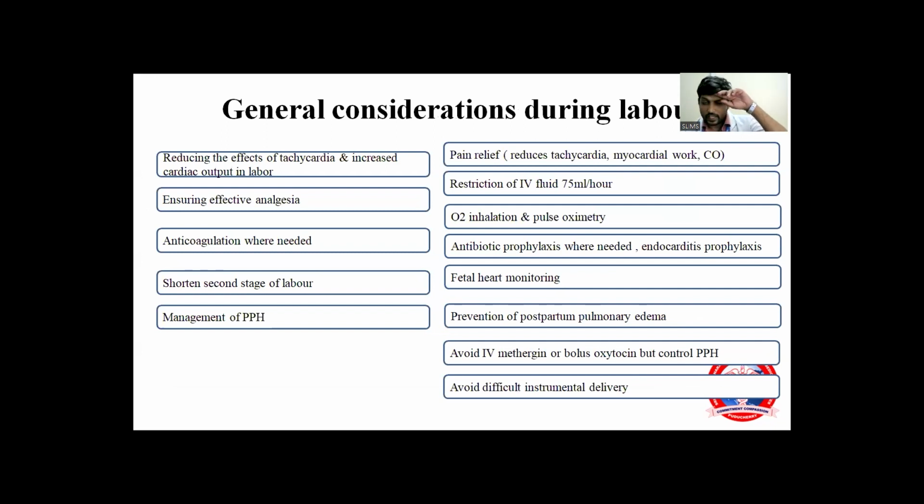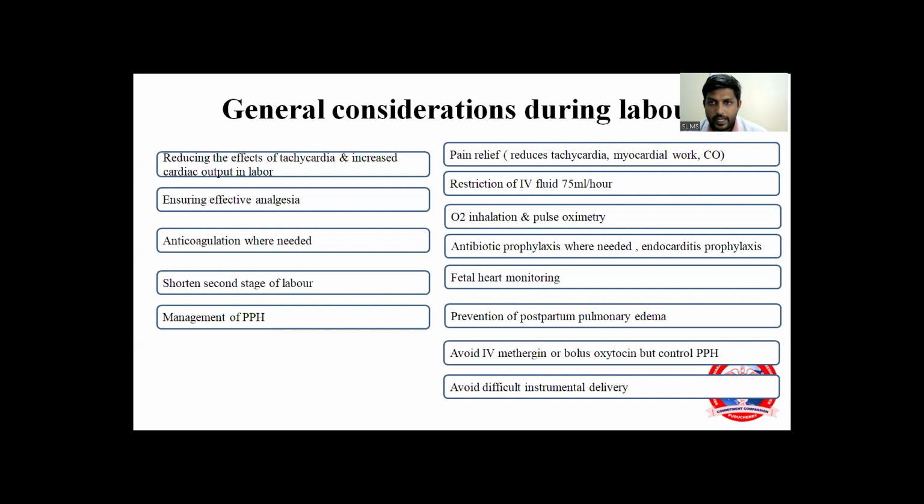We should reduce the effects of tachycardia and increased cardiac output in labor, as we know there is going to be increased cardiac output, and because of pain there can be increased tachycardia. We should ensure effective analgesia and anticoagulation whenever needed, cut short the second stage of labor, and manage PPH.